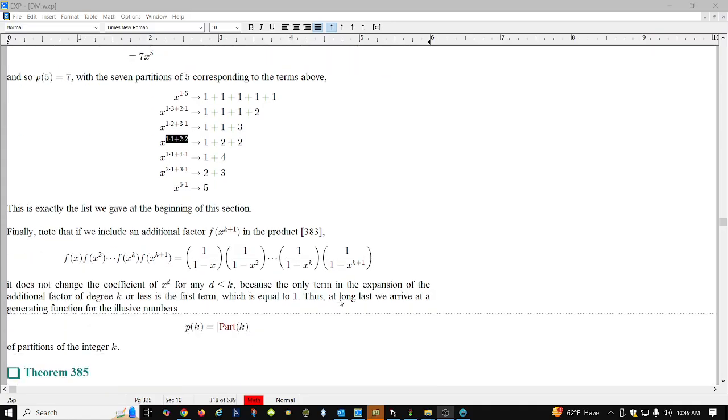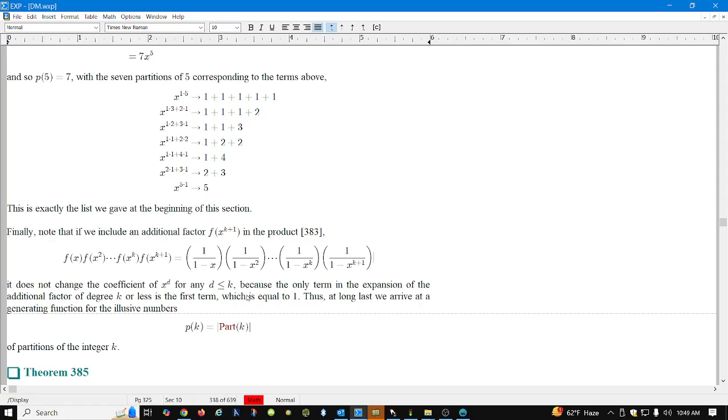Well, there's one more thing to note. If instead of taking the product f of x through f of x to the k and expanding it, I'm still looking for the terms of degree k, because I'm partitioning k. If I include the next factor, which is this one, does it make any difference?